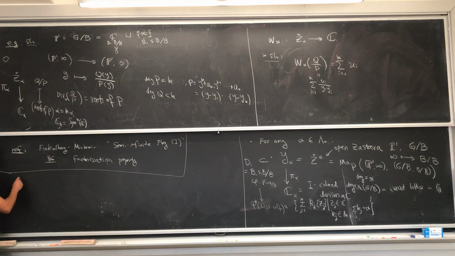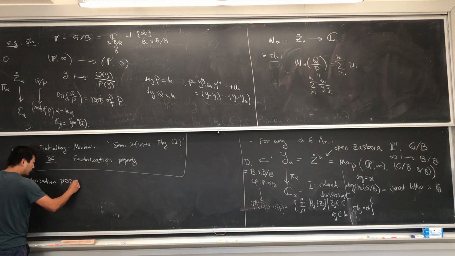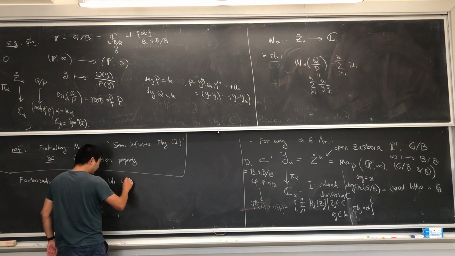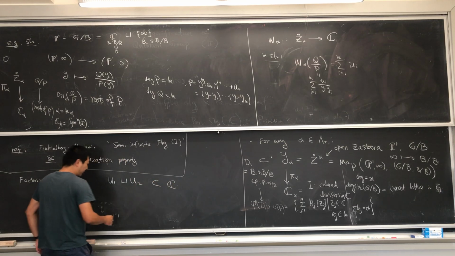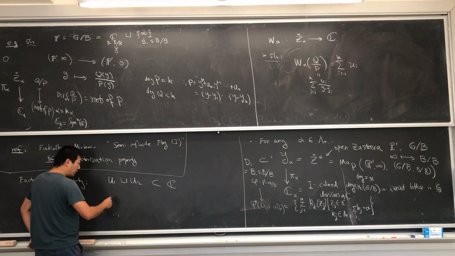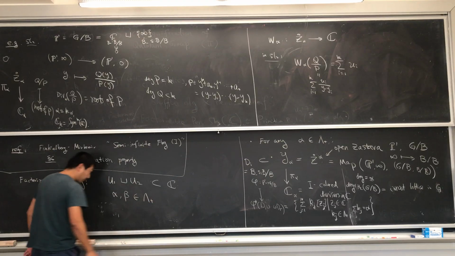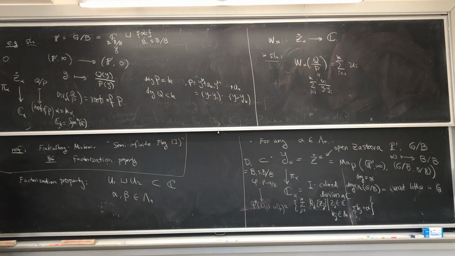Okay, so the factorization property. Suppose you have two disjoint open subsets, U1, U2, in C, and you have two vectors, say alpha and beta in Lambda plus. Then you can consider two operations. One operation is that you consider U1, and let me introduce some notation here.